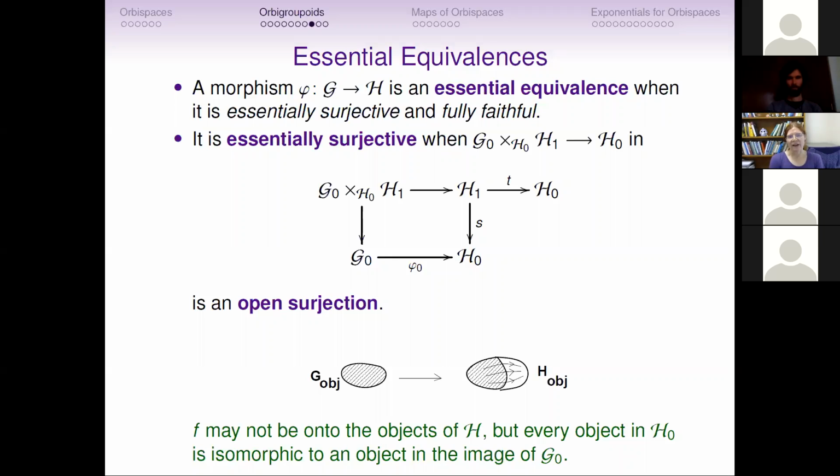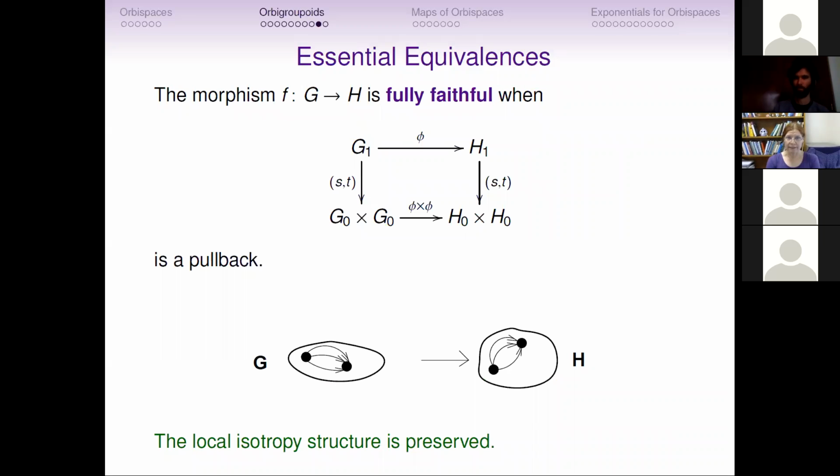And you notice there's that open surjection in there. That's saying it actually agrees with the topology in some sensible way. The same thing with the fully faithful condition says the local structure is preserved in a way that's compatible with the topology. That's going to be local isotropy structure in particular, so the singularity types are not changing.